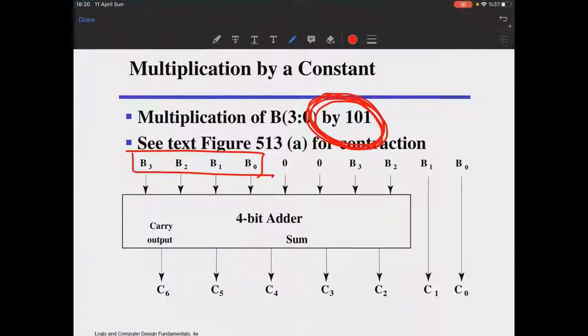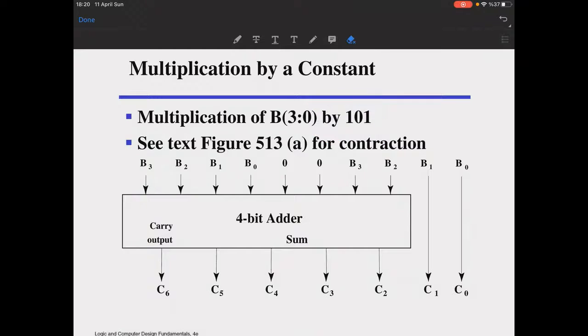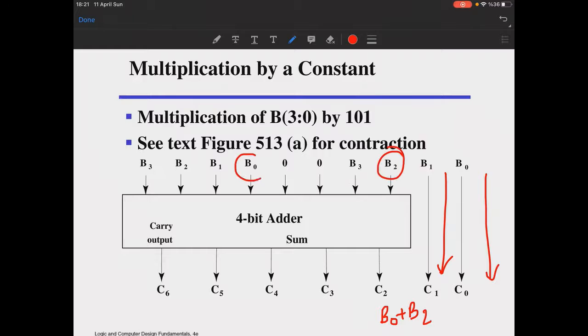This is in fact what we have here. You see? What we have here is these are coming directly. And what is your C2 here? It is B0 plus B2. See? These ones.